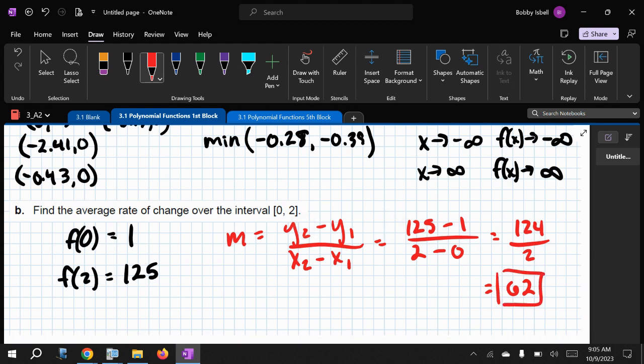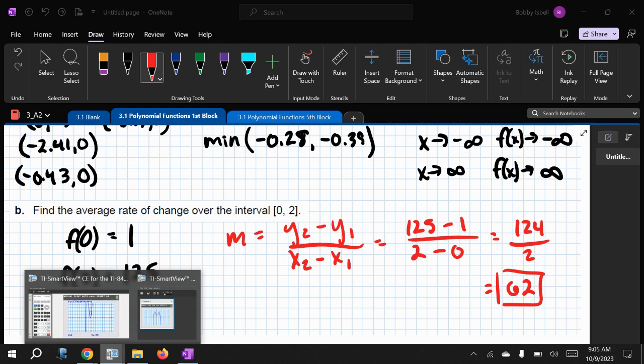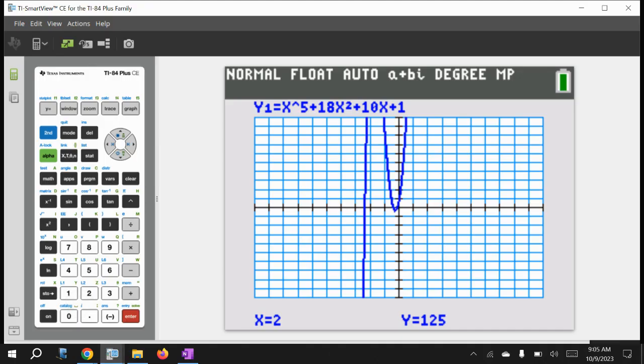So the average rate of change is 62, and that makes some sense. If you look at the graph, that line connecting that y-intercept with that other point is a pretty steep line, and so it should have a large positive slope. That makes sense that it's a pretty large positive number.